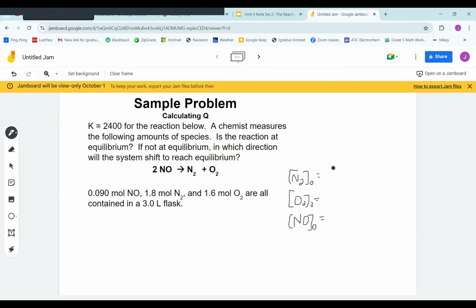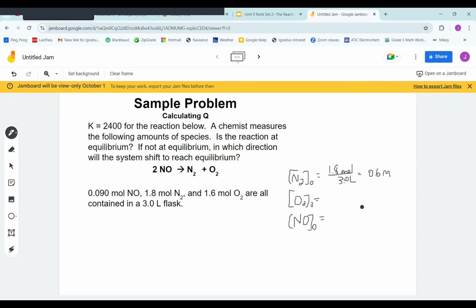In the case of N2, and by the way, I'm using the molarity formula, which hopefully you remember, moles divided by liters. We have 1.8 moles, and they said it was a 3-liter flask. If you divide that out, that's 0.6 molar.